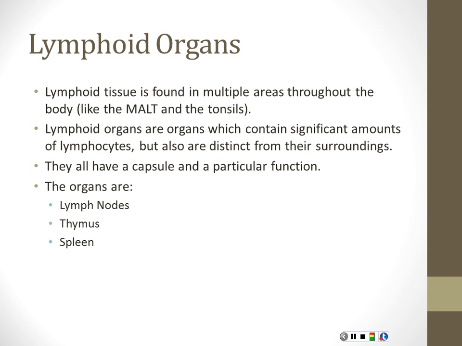So that we call lymphoid tissues. In other words, areas of lymphocytes in other organs. Well, there are also lymphoid organs. And this brings up the point of, what's the difference between an organ and a tissue? Well, a tissue is part of an organ. So all organs are made up of multiple tissues.